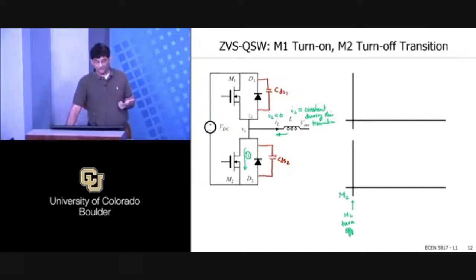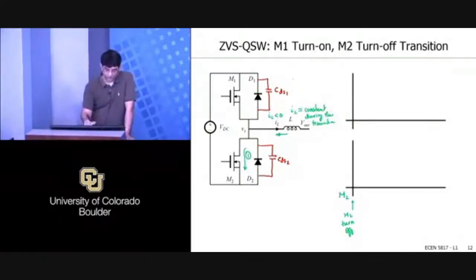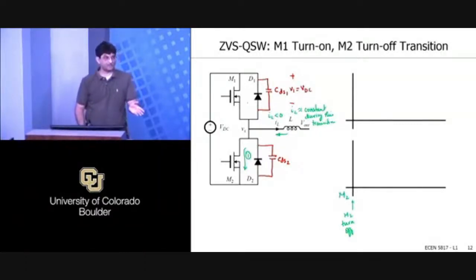M1 is still off. So it can either go into D1 or it can do something with the capacitors, right? D1 still needs to be forward biased. Initially, the voltage is all being blocked across this device. So this voltage V1 is initially starting off with VDC, so D1 is reverse biased, and it can't immediately conduct. You have to somehow get it forward biased. And this V2 here is sitting initially at 0 volts, right?